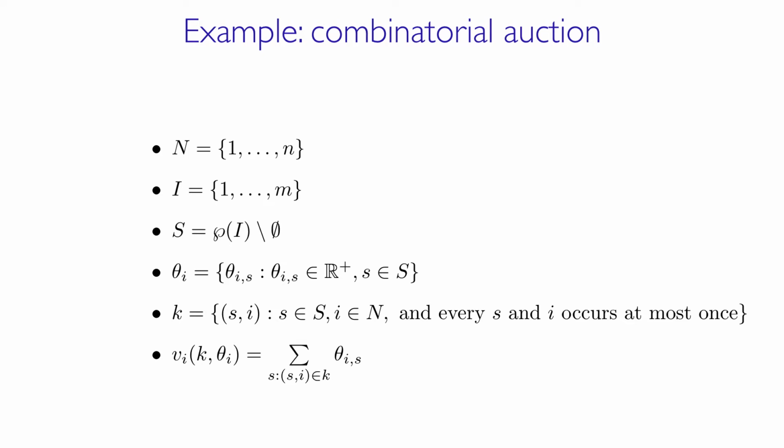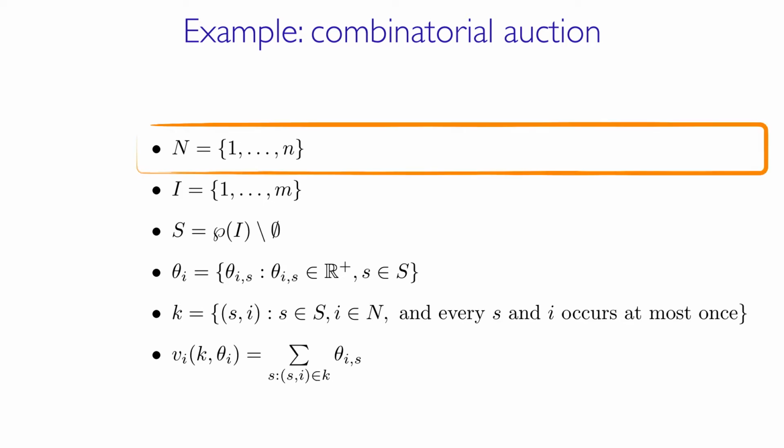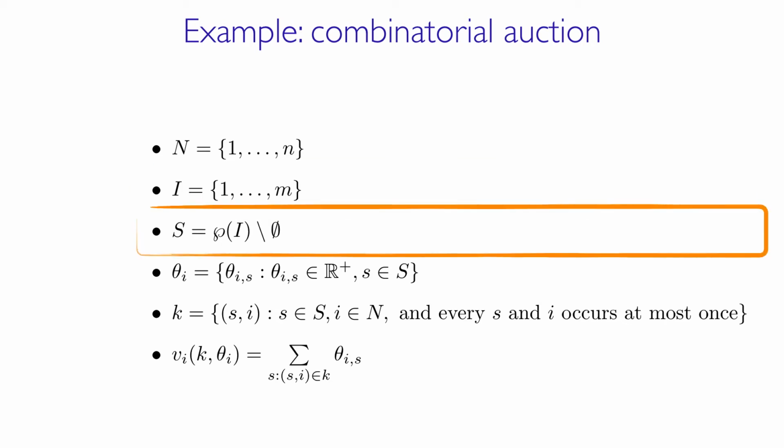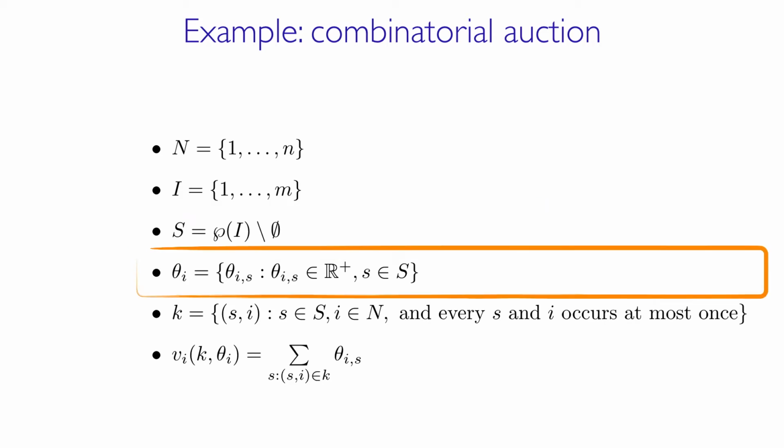Consider now, for instance, the case of combinatorial auctions. We have m players, we have a set of m items. The set of all the bundles is the power set of the set of the items. The type of every player is a vector specifying a parameter for every bundle.